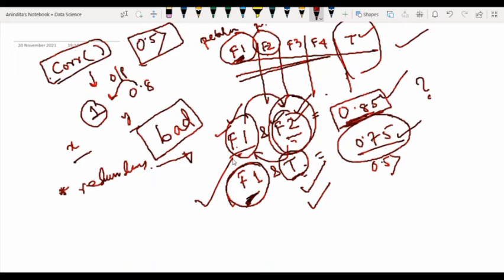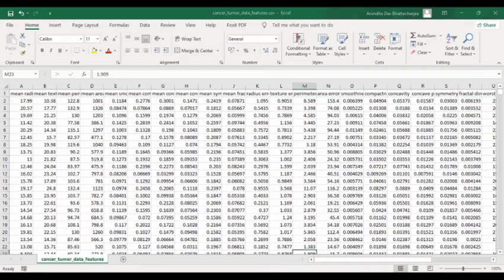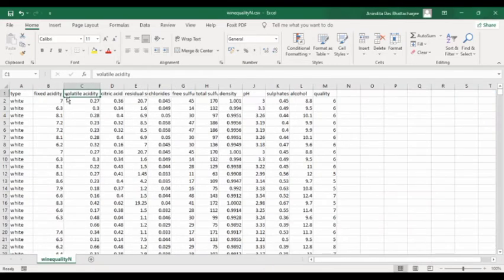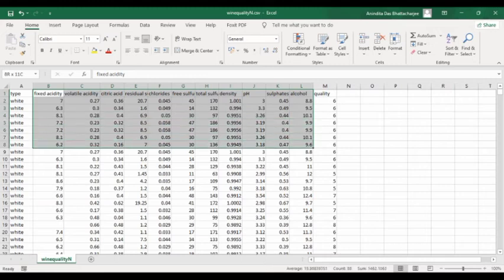So what should be our notion? Whenever we are dealing with a large data set, meaning a data set with a large number of features, you don't have to calculate the correlation value for all the features.